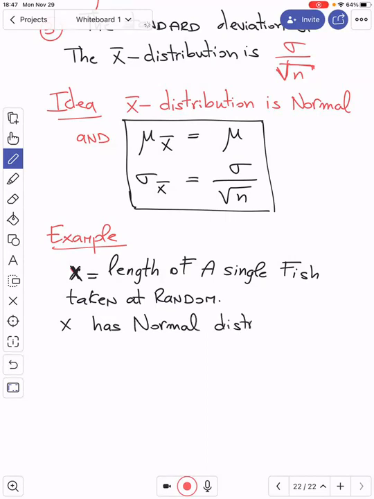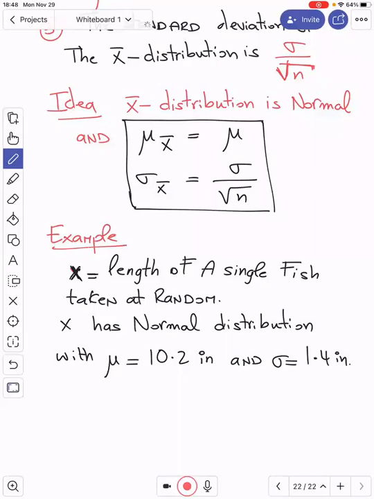And so, for example, let's say, I'm just going to take some random values here. So let's say mu is 10.2 inches, for example, and sigma, the standard deviation of this normal distribution, is 1.4 inches. All right. So for example, we can try to find the probability.